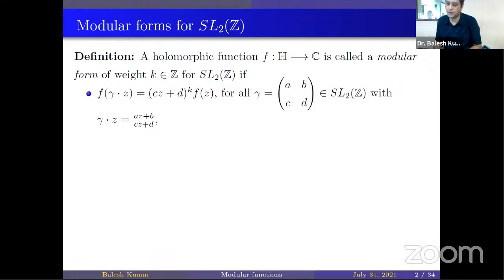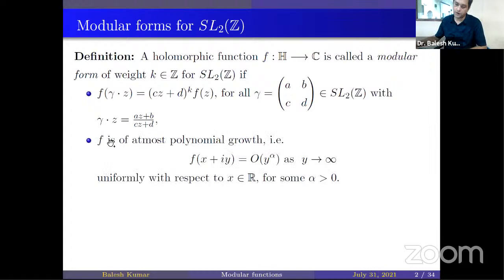So if you take an SL2Z matrix gamma, it acts on z as (az+b)/(cz+d). A function from the complex upper half plane to the complex plane is said to be a modular form of weight k, where k is an integer, for the modular group SL2Z, if it satisfies this transformation property with respect to the weight k: f of gamma z is the automorphy factor (cz+d) to the power k times f of z, and this function should have at most polynomial growth.